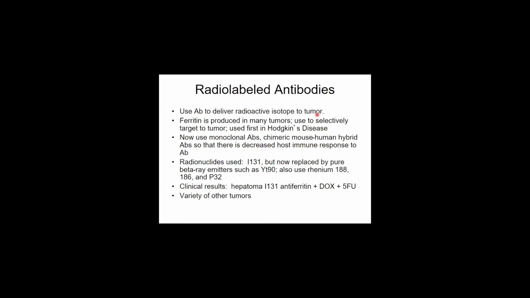Now, an old method that has been brought up to the fore again more recently is the use of radiolabeled antibodies. In the early days, they went after things like ferritin. Ferritin is expressed at very high levels in many tumors. What they did is, in Hodgkin's disease, they actually just made antibodies against ferritin, radiolabeled them, and sent them in to fight Hodgkin's disease. And they had some success, but it wasn't as much as they wanted.